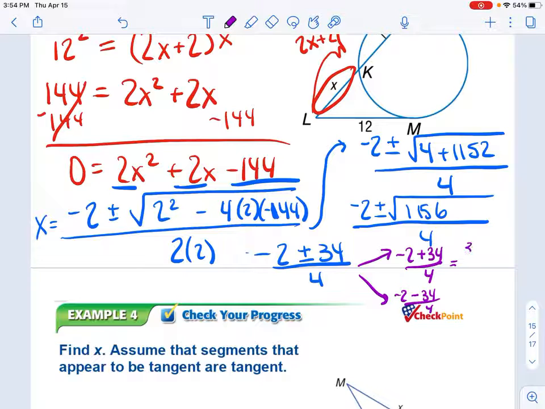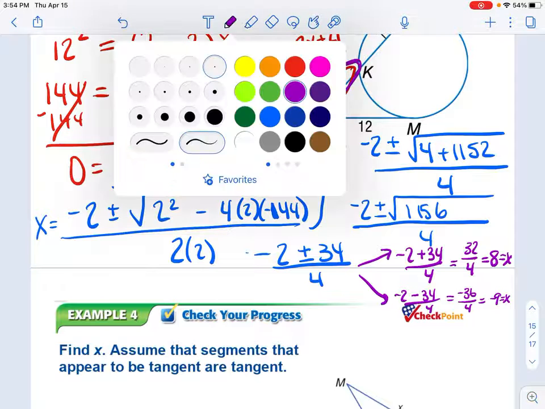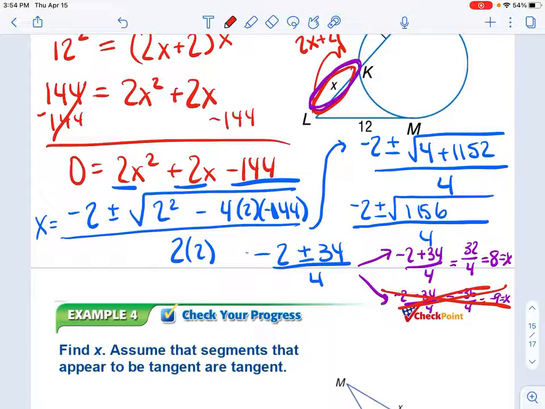I end up getting 32 divided by 4, or 8 for x here. And I get negative 36 divided by 4, and I get negative 9 for x here. The problem is, once again, there is an x by itself, meaning we can't have a negative distance. So negative 9 is an extraneous solution, so our only answer is x equals 8.